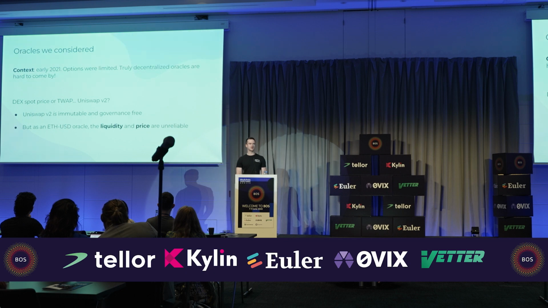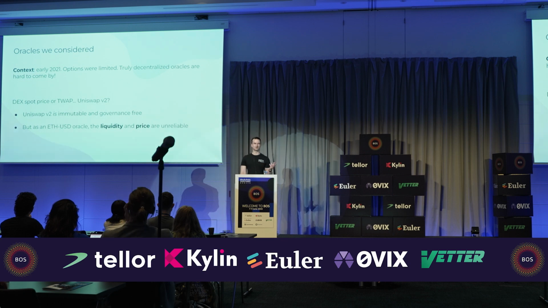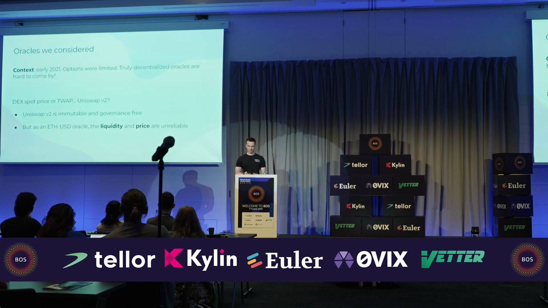Also, the price on Uniswap is not the best price for an oracle, because we wanted the market ETH USD price. With Uniswap, you get the pair between the ETH and the stablecoin, and that stablecoin price can fluctuate when there's a big market crash or something. So the price can become a bit more inaccurate. So we ruled those out.